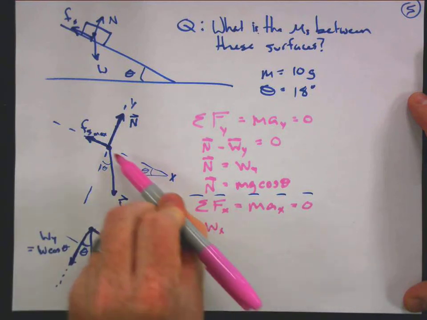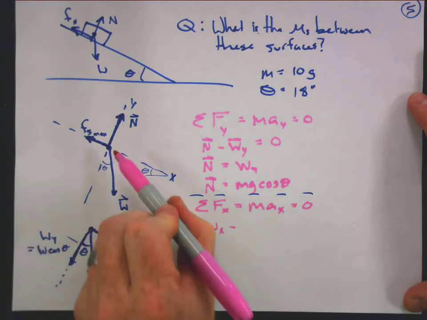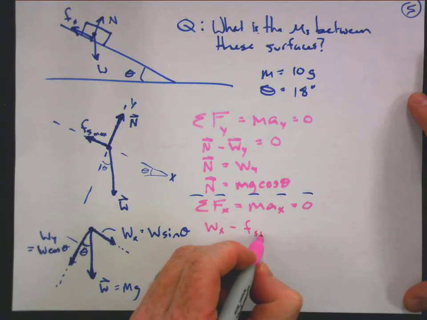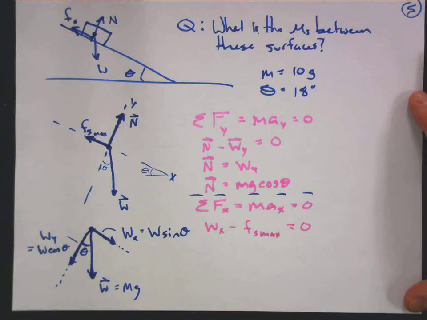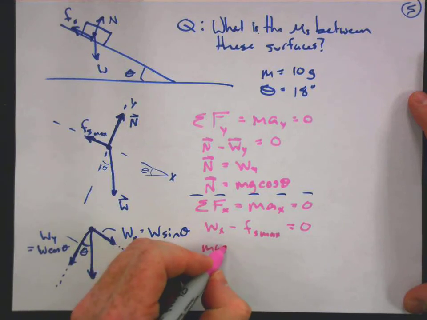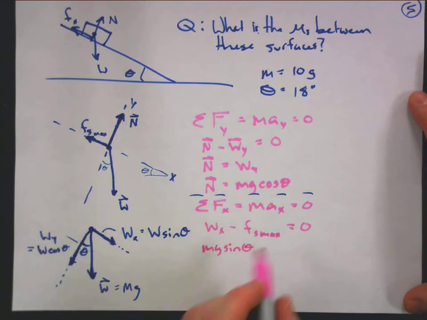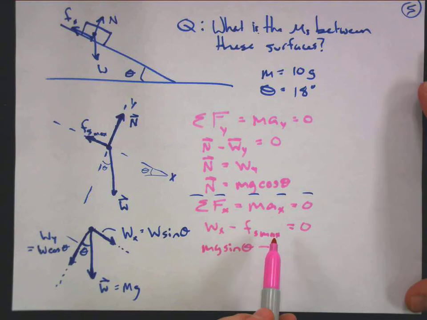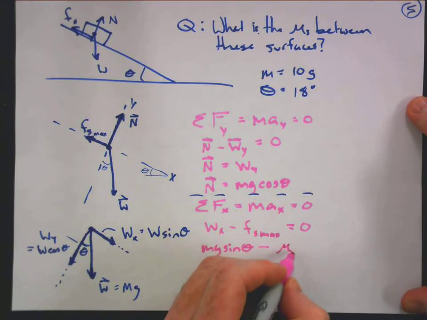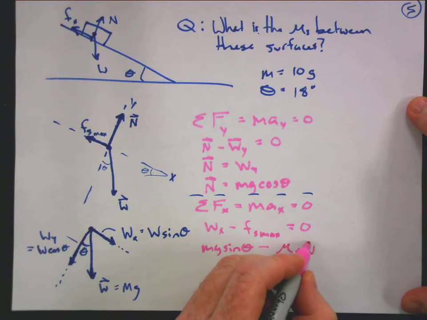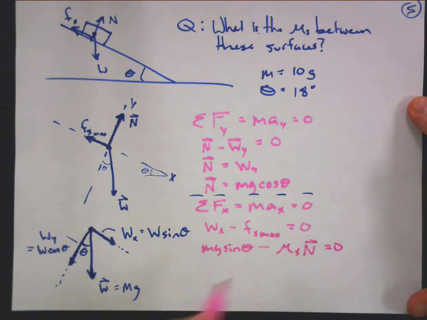In the negative x direction, my static friction force. And they sum to 0. All right, but I know that weight in the x direction, W sine theta, but I know W is mg, so I have mg sine theta. And my static friction force, well, my static friction maximum is coefficient of static friction times normal force, and that's 0.